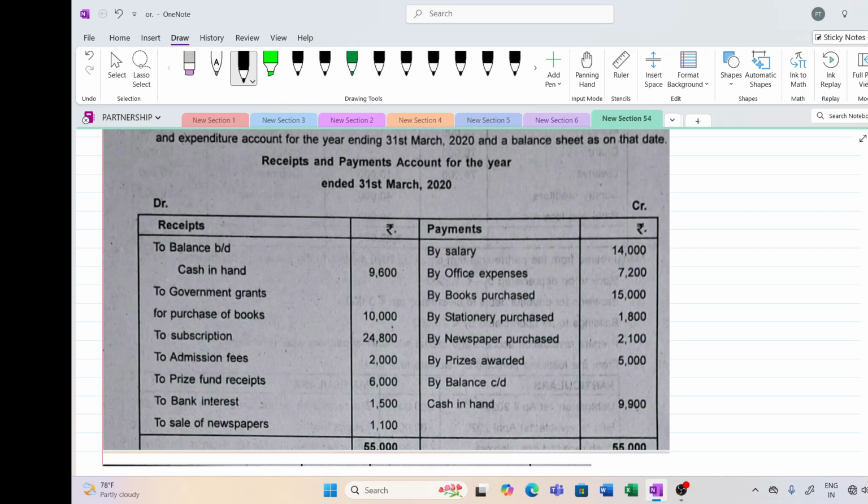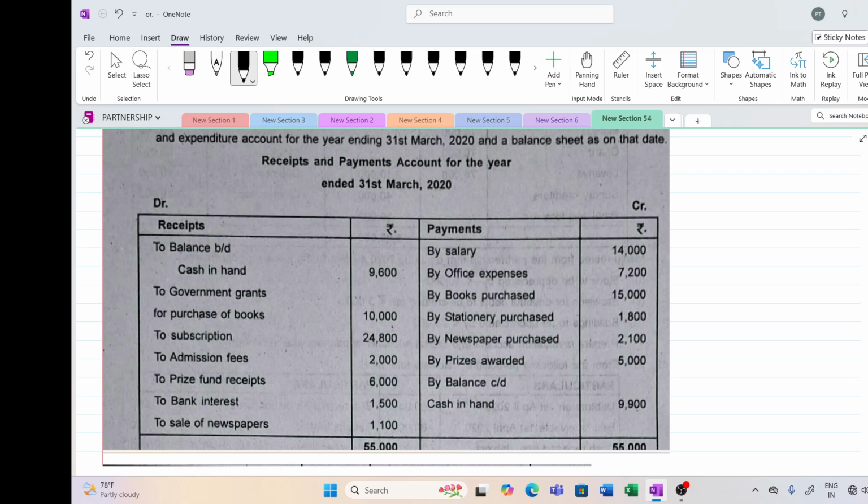Some members have not paid right now, they will pay it in the next year or after one or two months. But the amount pertains to this year and it is a revenue receipt. So we are going to record it whether any income is earned, received or not, any expenditure incurred, paid or not, because income and expenditure account follows the accrual basis of accounting.